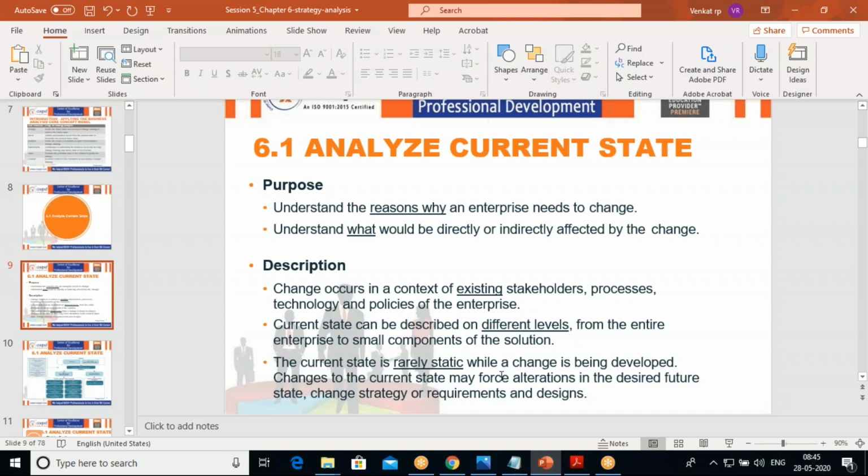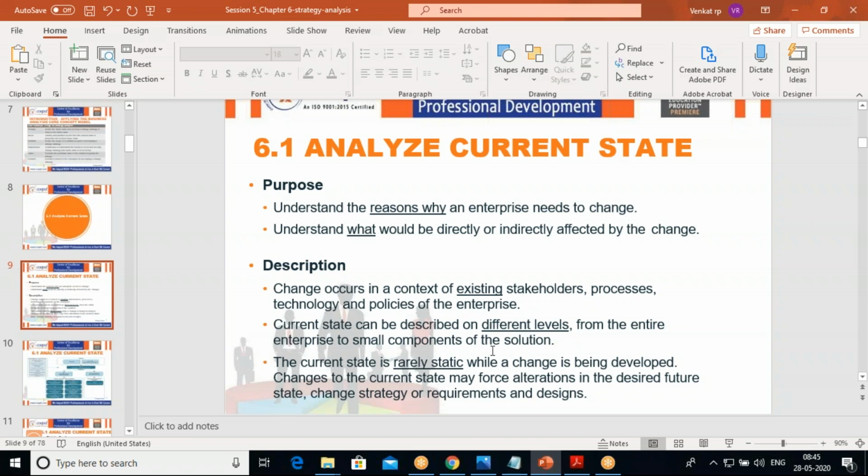The current state is rarely static, because whatever process or state you take is subject to change, and small changes happen every day.